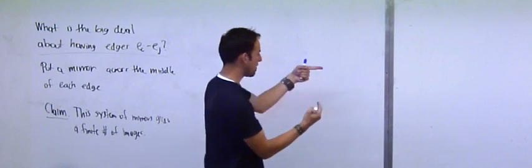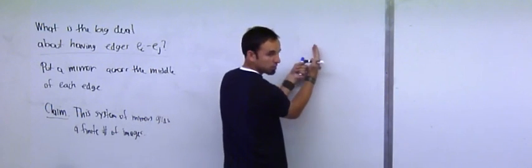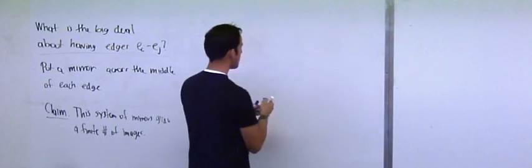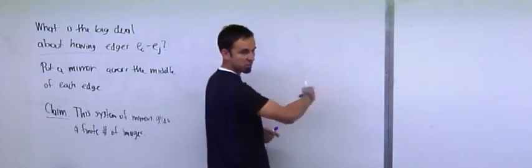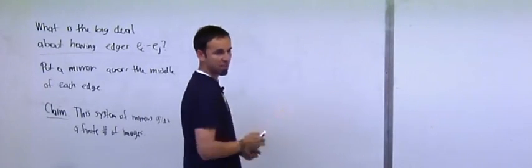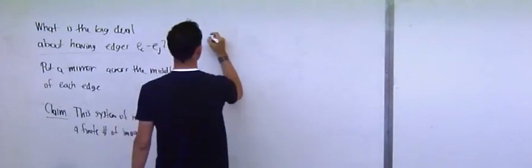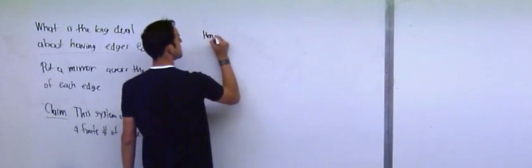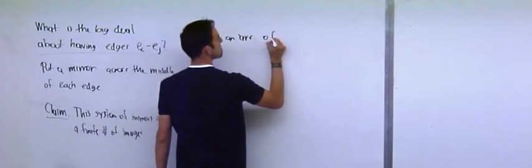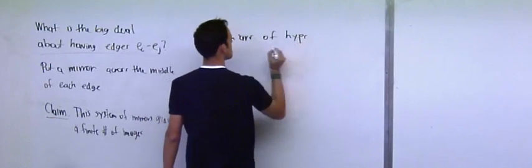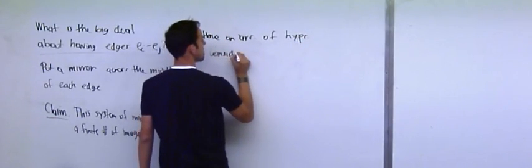In n dimensions, if you have an edge, then the orthogonal thing is a hyperplane. And so each edge is going to determine a hyperplane, and so what we have is a system of hyperplanes. Now we're going to think of each hyperplane as a mirror. So we have an arrangement of hyperplanes, and consider each one as a mirror.